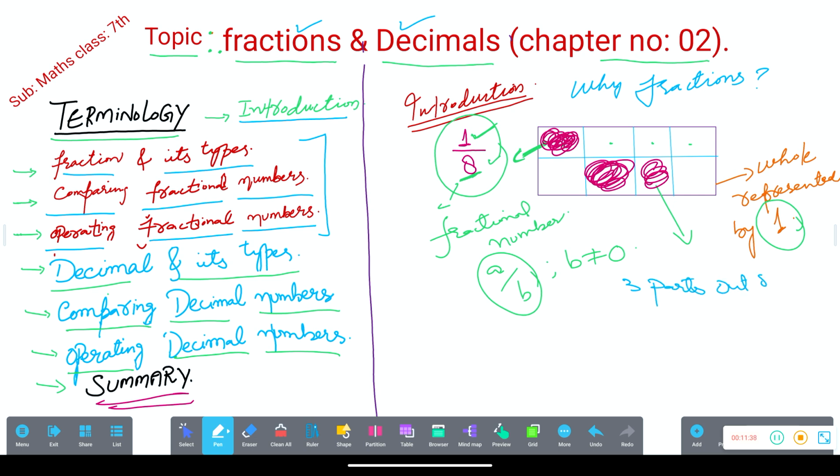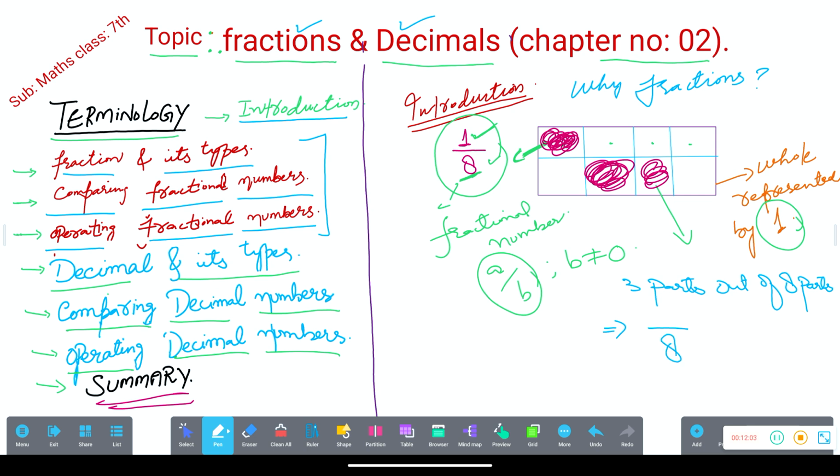out of 8. Remember, 8 parts is a whole. It's not out of 3, it's out of 8 parts. And 8 parts here represent the whole rectangle. Now, how will you represent it mathematically? You will write a fraction: a bar, then the total number of boxes in which the whole has been divided, which is 8.